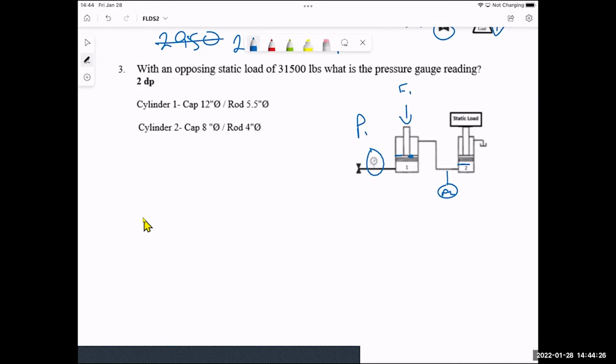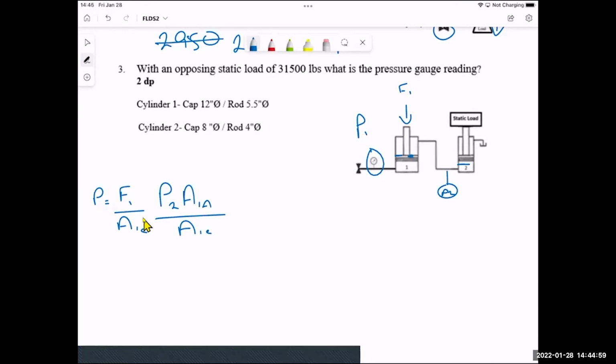and this is what I tend to do as a mathematics guy, I'm going to say, hey, listen, that P1 equaled that F1 that we calculated, over that area 1 at the cap side. That makes good sense. But what did that F1 really equal? That F1 equaled the pressure at 2 times the area of 1, because that's what's happening here on the annulus side, over that area of 1 on the cap side.